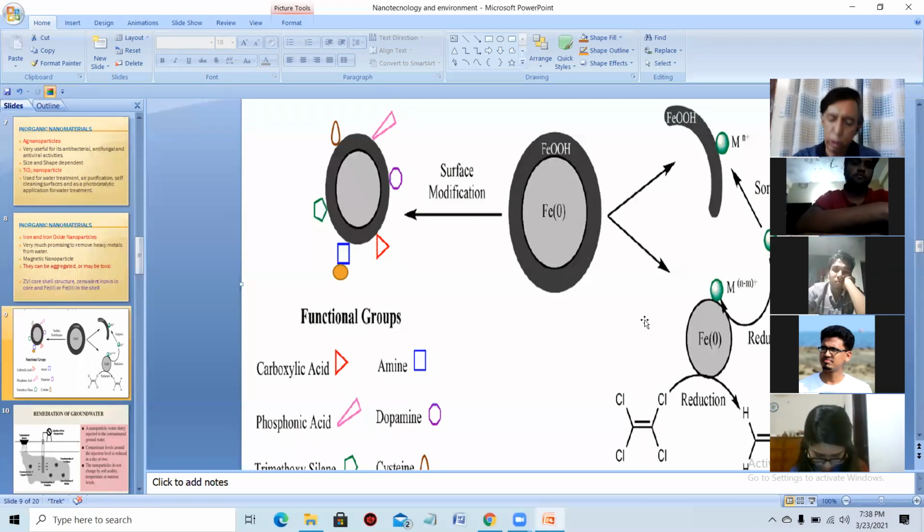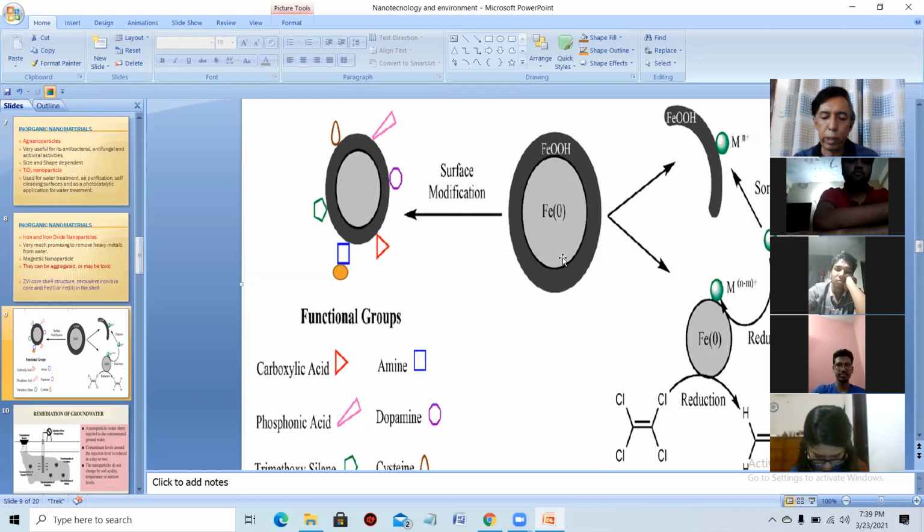You can use the mixed shell core structure also. Say for example, with iron you can use palladium, you can use cobalt, but all these are in research state. Only this thing we are using for the treatment in the ETP, for the treatment of contaminated water, because the iron shell core structure is safe.